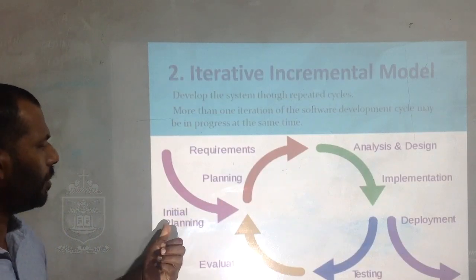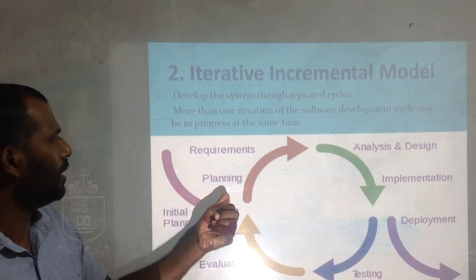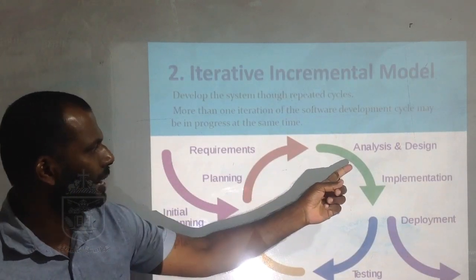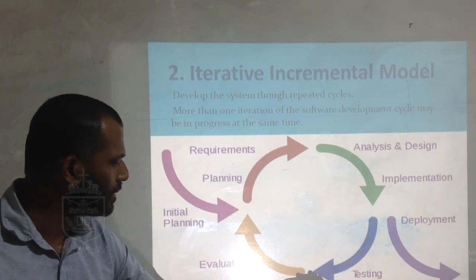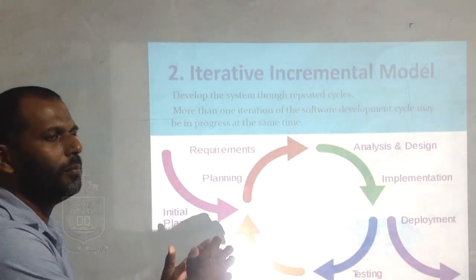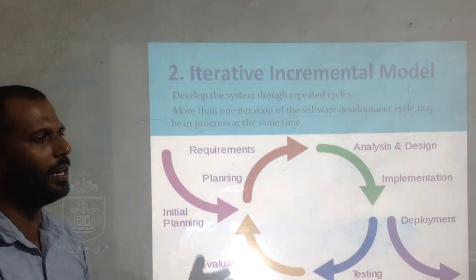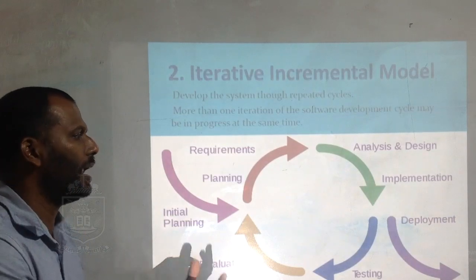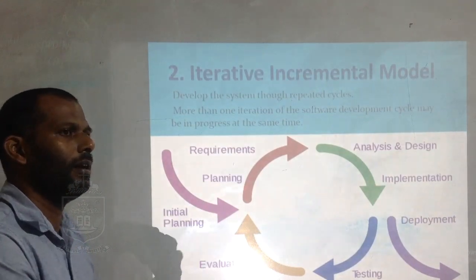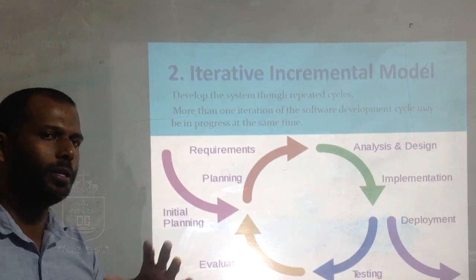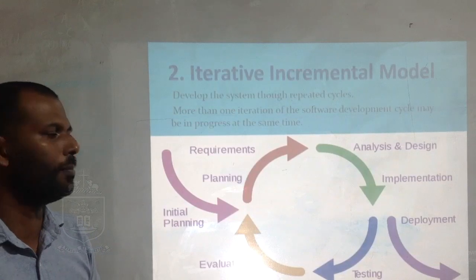Here, initial planning is there in your system. Initial planning requires meeting, planning, analysis and design, implementation, development, and testing and evaluating. Once you complete one cycle, you can evaluate your system, submit to the customer and do the necessary things. And in the waterfall model, the whole software will come as one part.